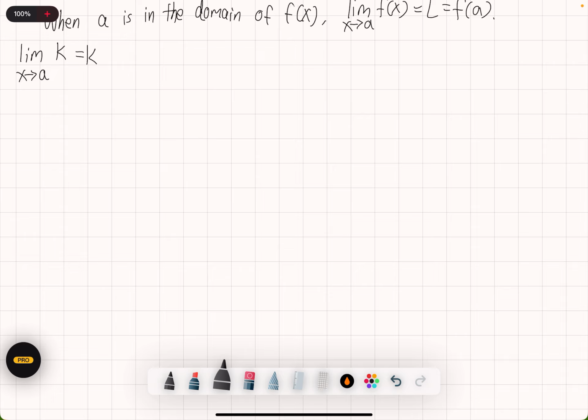Now here, k is a constant, and A is also a constant, and all these numbers here are real.